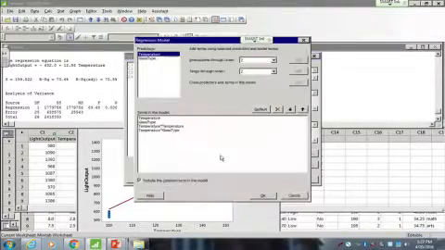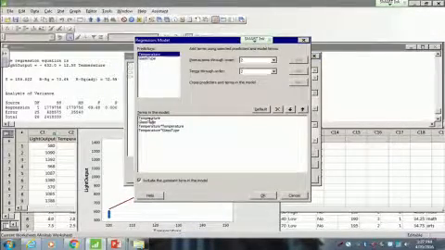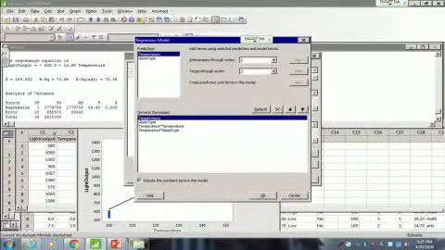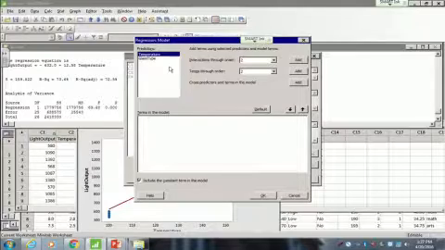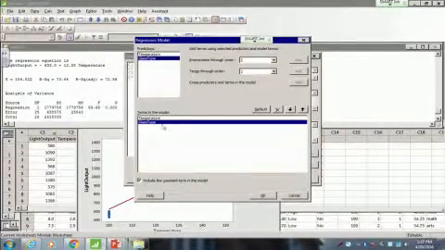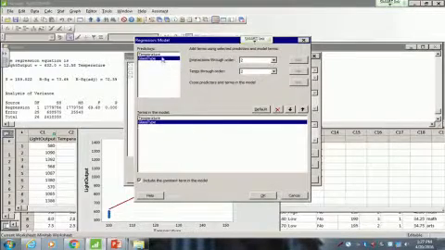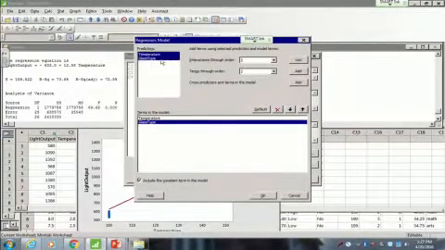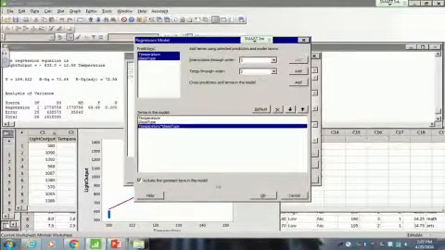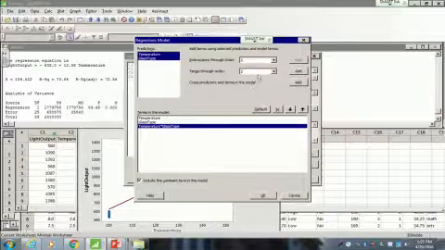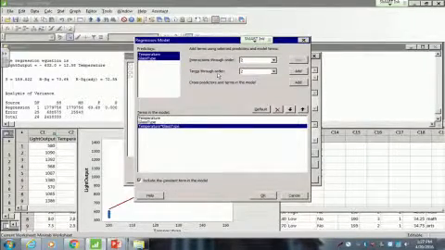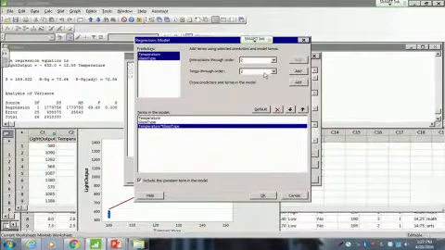And for the model, let me just remove everything. If you want to have only linear, you just double click on this and it gives you linear. If you want interaction, this is for interaction up to order 2. You select that, it gives you interaction. If you want a quadratic model, it says terms through order. This is 2, which means quadratic.